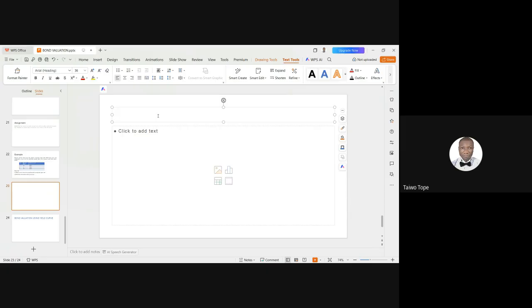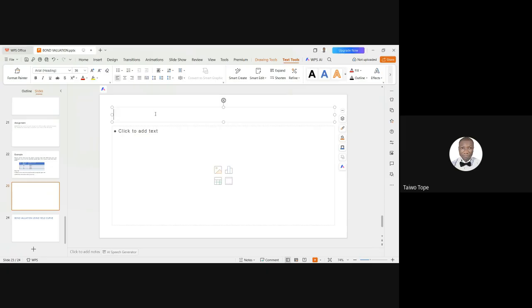I'll solve the A part, then you solve the B part later. The B part involves IRR, so you should be able to do that. But this is just to give us a clue to what we are to do.